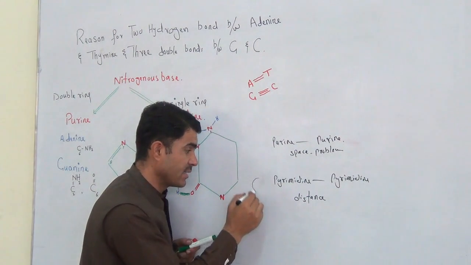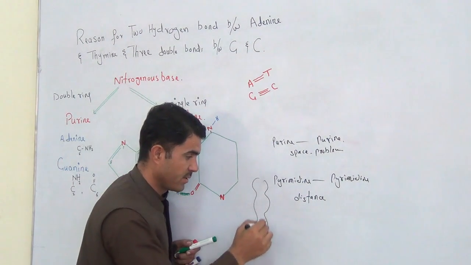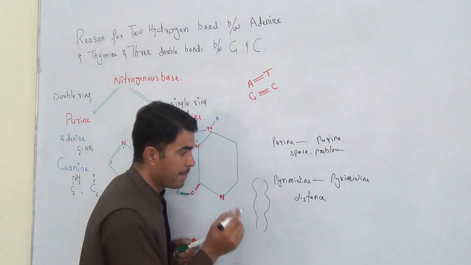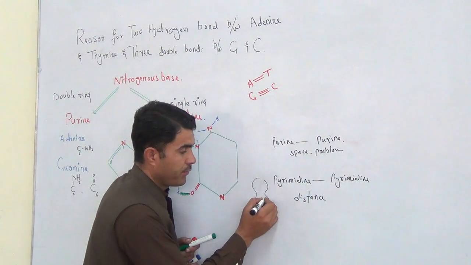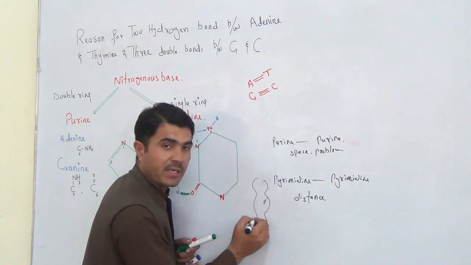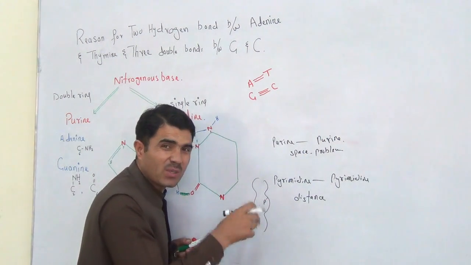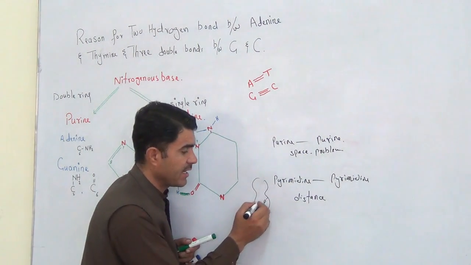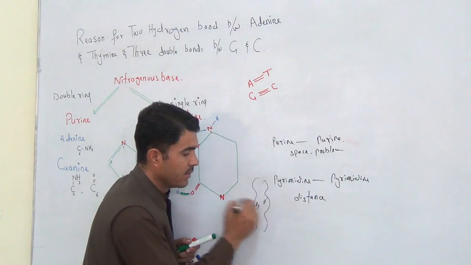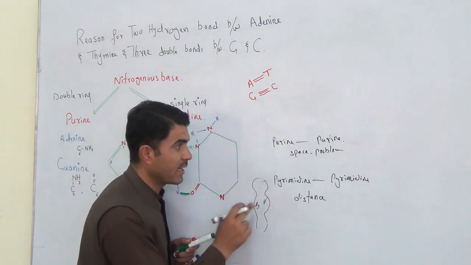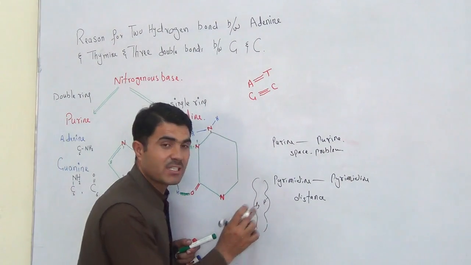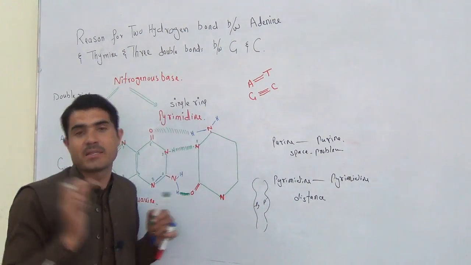According to that book, there is a specific space in the DNA. If you bring a purine, the space is only such that it can attach a pyrimidine. You cannot bring another purine here because the available space is limited.